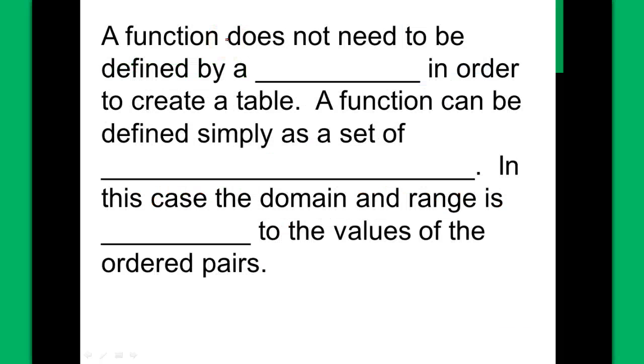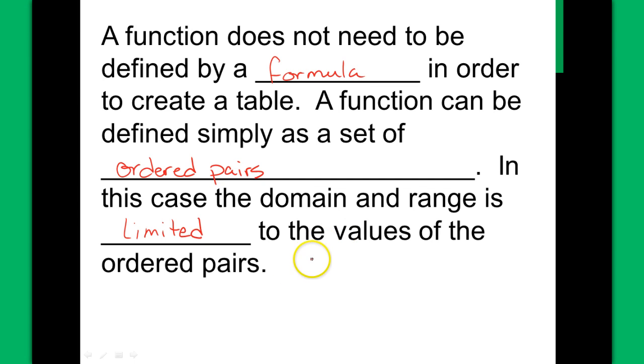A function does not need to be defined by a formula in order to create a table. A function can be defined simply as a set of ordered pairs. In this case, the domain and range is limited to the values of the ordered pairs.